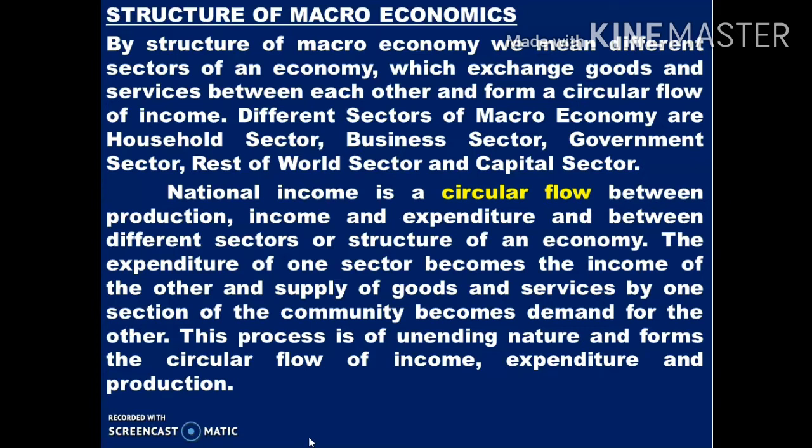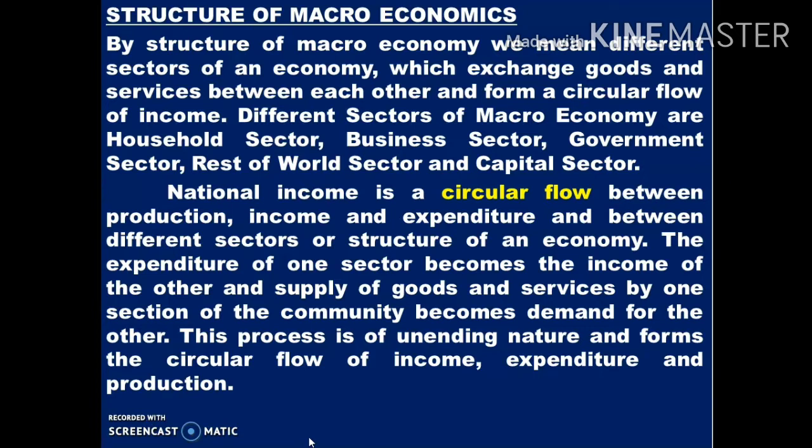National income is a circular flow between production, income and expenditure and between different sectors of structure of an economy. So it is in the form of structure. You can see in a structure how the money or goods and services circulates.